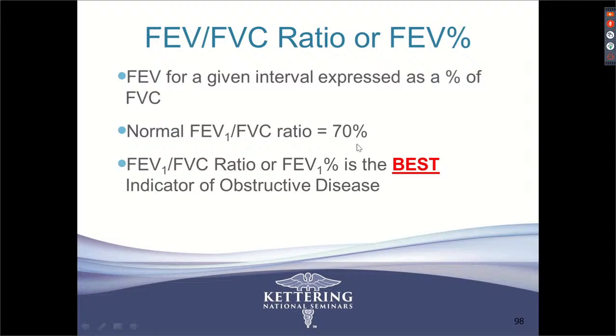So if the FEV1 is telling you one thing about obstruction, and the ratio is telling you something else, always go with the ratio. Right? The ratio trumps the FEV1 in terms of what's going on. Okay?